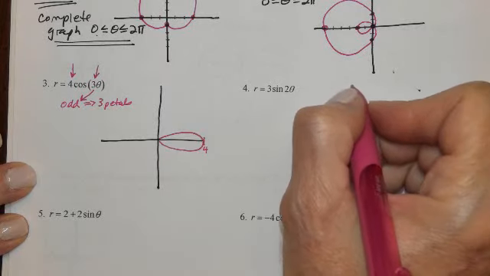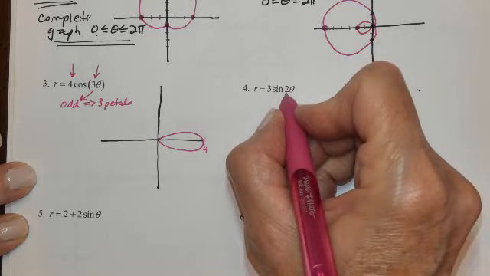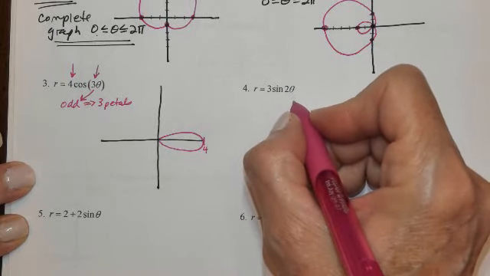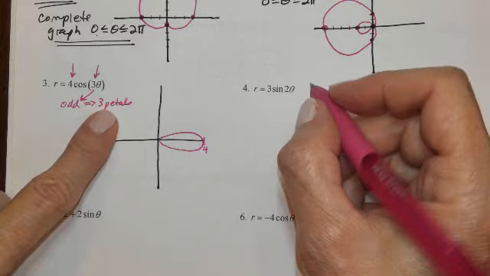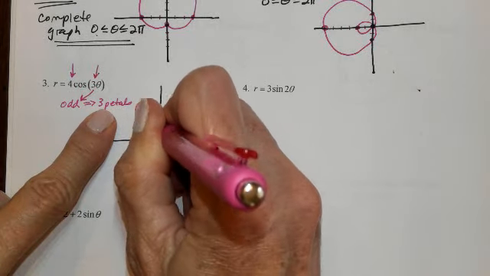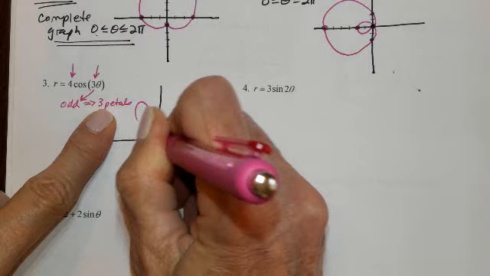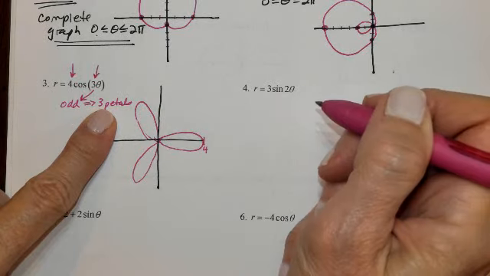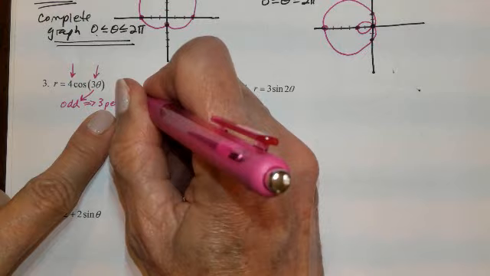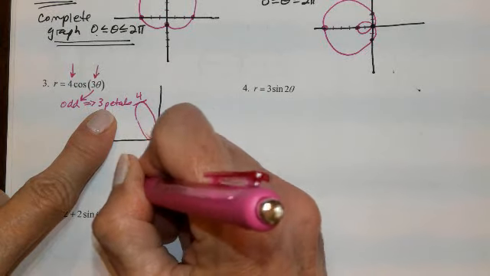If it's even, like it will be over here, then you have twice that number of petals. This one has 3 petals, so we're going to distribute those petals evenly around the coordinate system. Each petal has length 4.